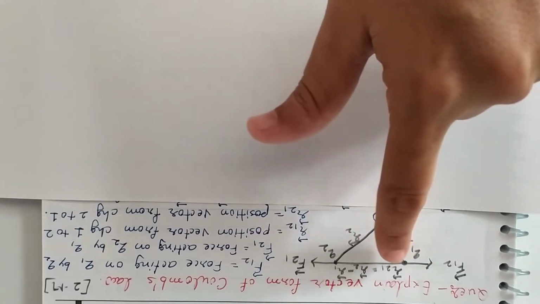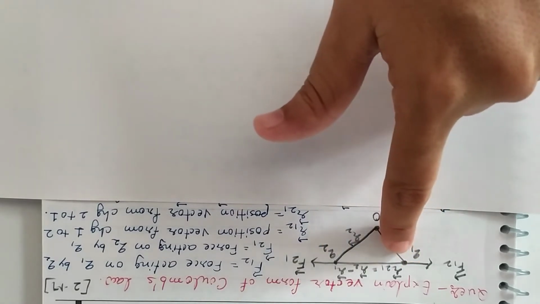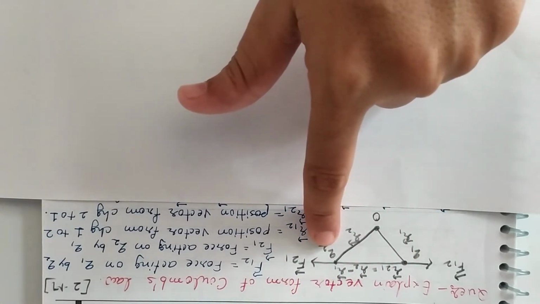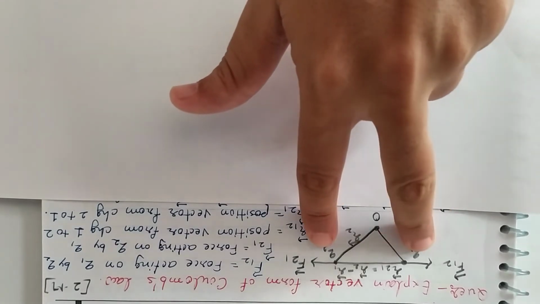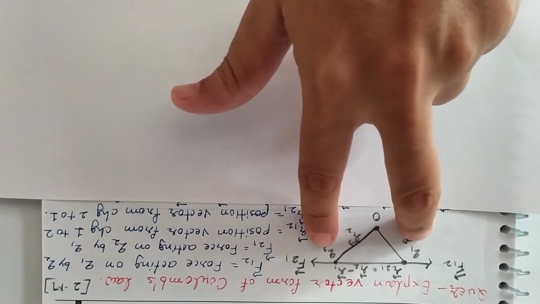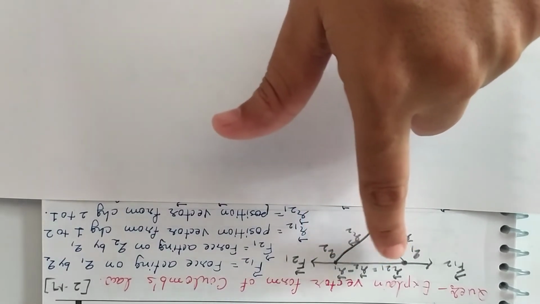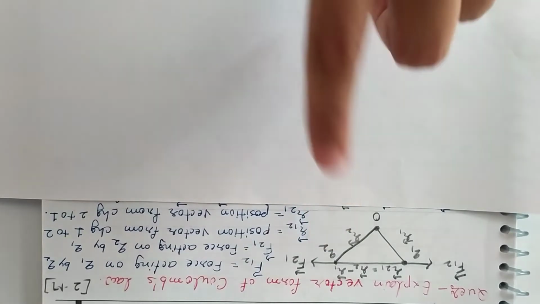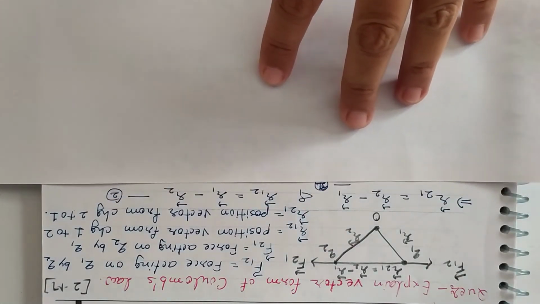That will be R12, the distance of charge 2 from 1. And if we are standing on charge Q2 and looking for the distance of charge Q1, we will write it as R21, the distance of Q1 from Q2. So in this way we can understand the position vector.